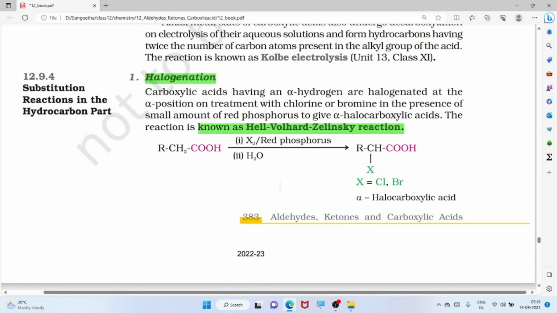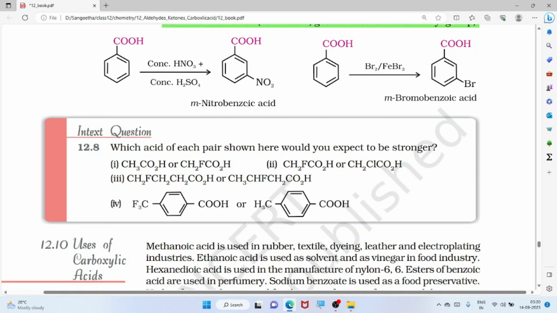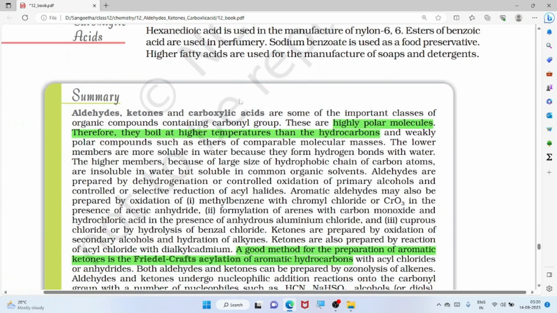Halogenation. Okay, you can go through this summary.